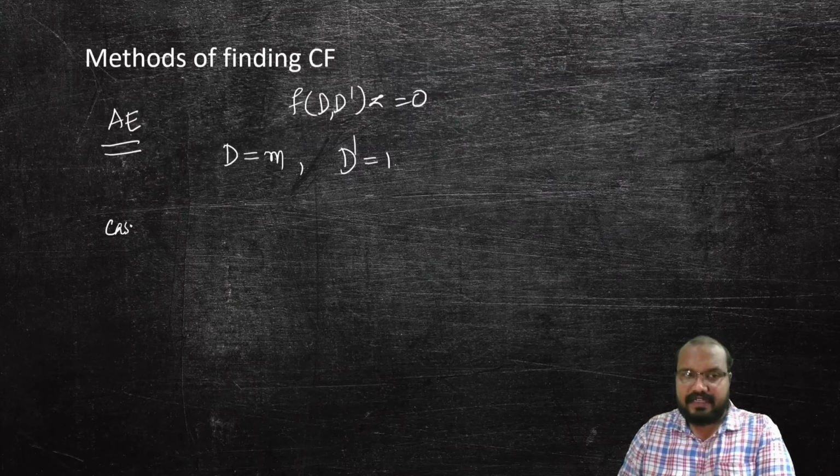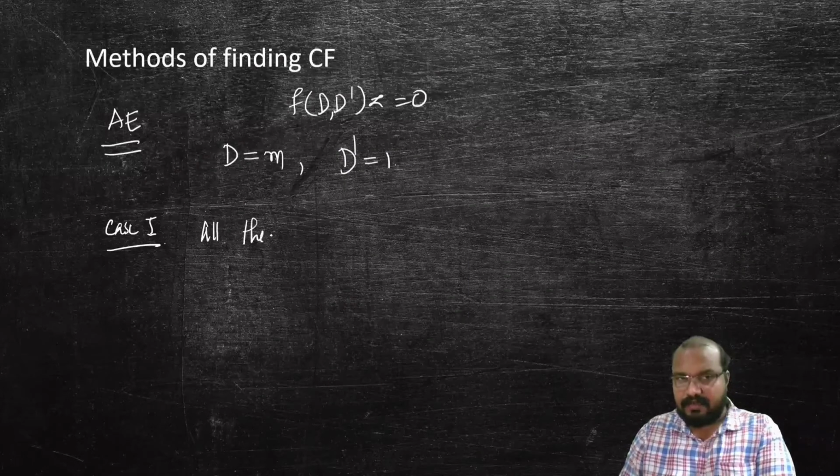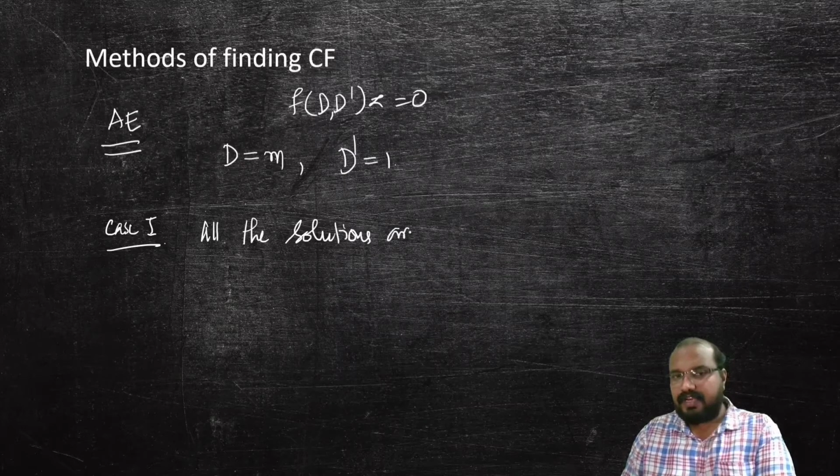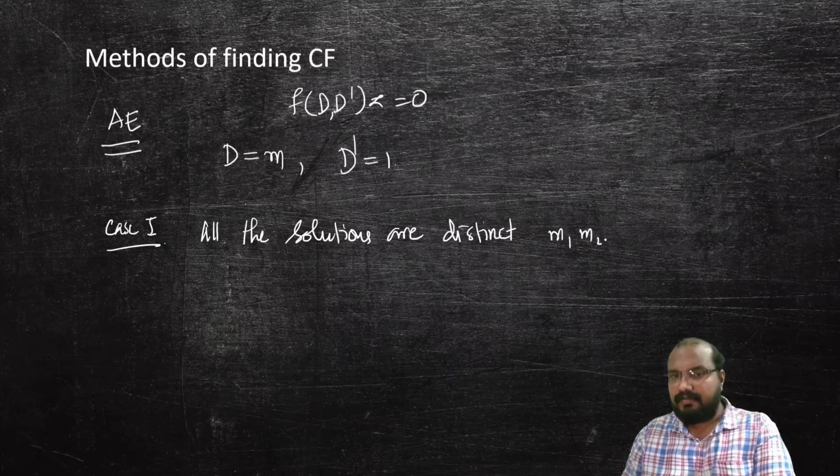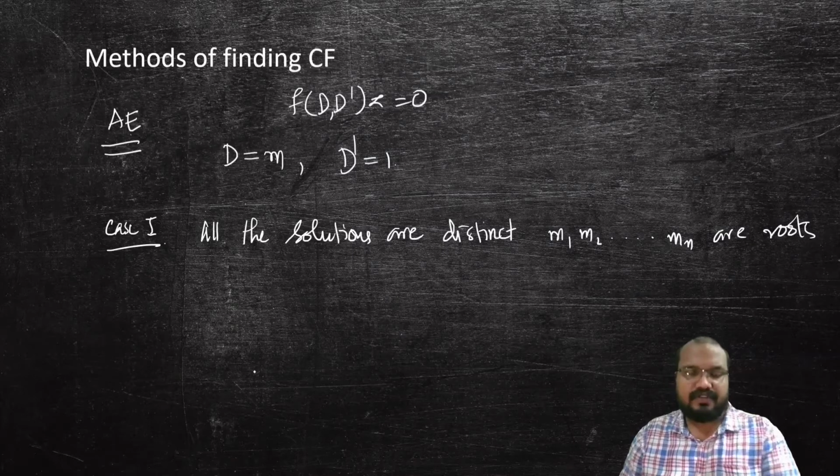First of all, we'll consider case 1. All the solutions are distinct. In that case, we'll consider m1, m2, etc. mn are the roots of the auxiliary equation.